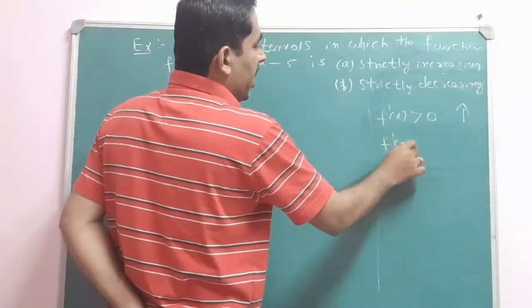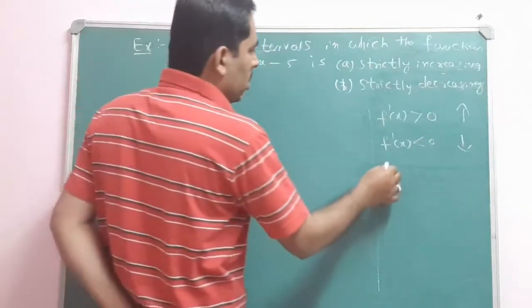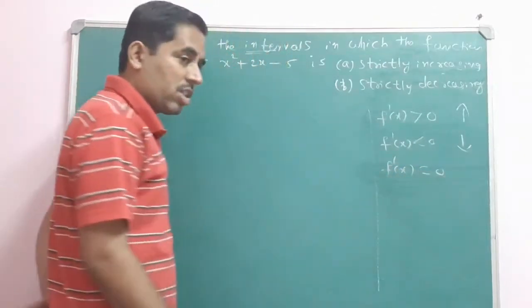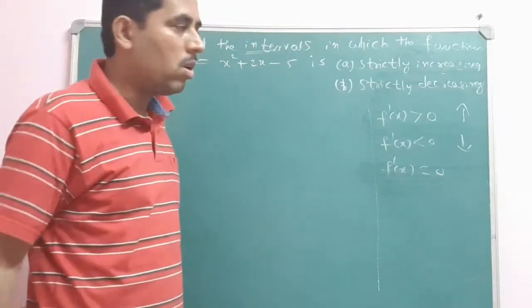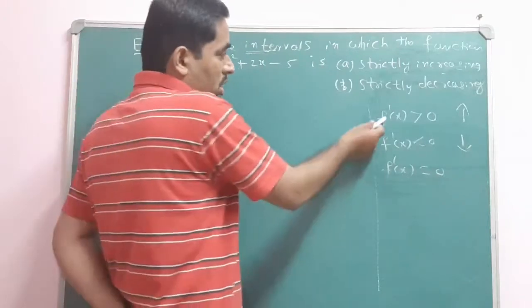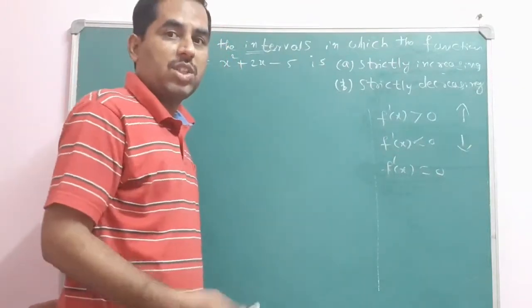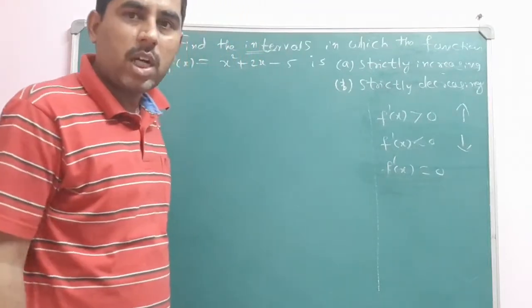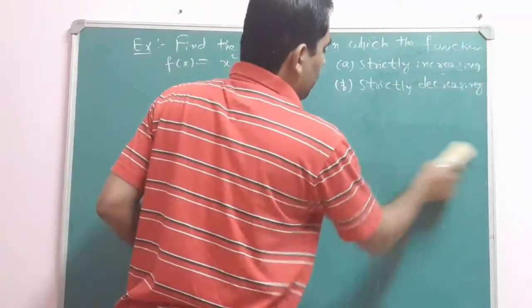If the sign of the derivative is less than 0, then the function is decreasing. Neither increasing nor decreasing means it is a constant function, so f dash x is equal to 0. These are all first order derivatives, and we also worked out the definitions for increasing and decreasing functions. So let us do this problem.